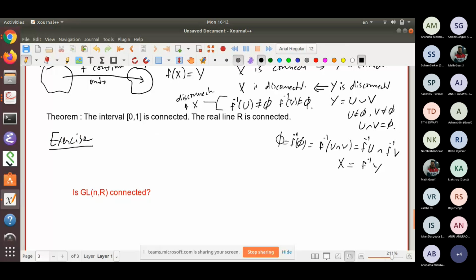Now, those of you who don't want to listen to the explanation I am now going to give can close their ears, because I am going to quickly sketch the proof. I mean, tell you the idea. When you want to solve the exercise, here's the idea. You convert it into a precise argument. Now, suppose this has a disconnection.